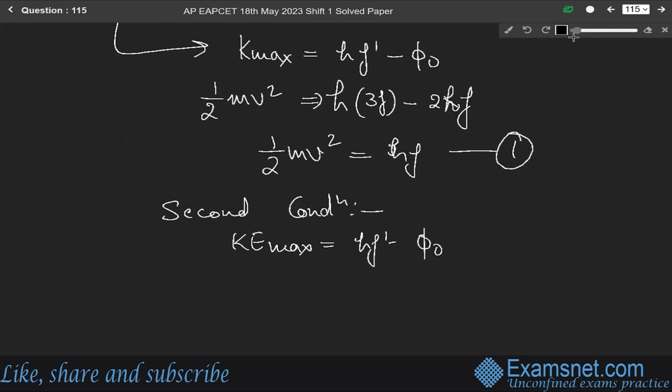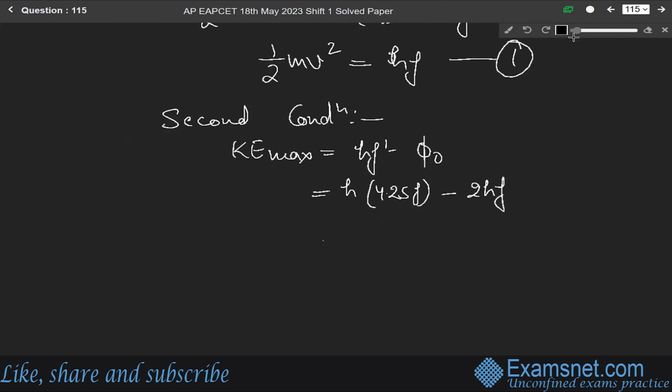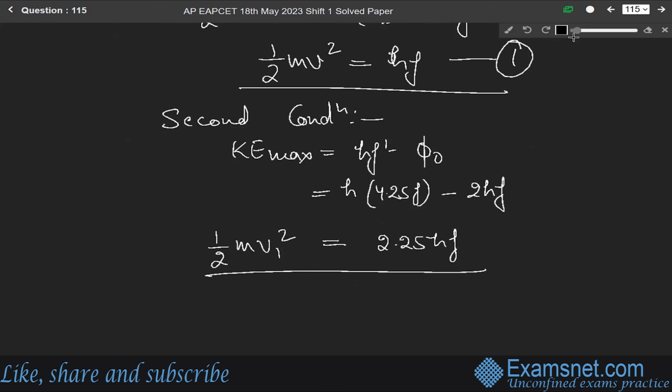So for the second condition, we write h into 4.25f minus phi naught, the work function 2hf. So it will be equal to 2.25hf. Let us say this is half m v1 square, okay? The first one is half mv square, the second one is half m v1 square. So let us say this is equation 2.